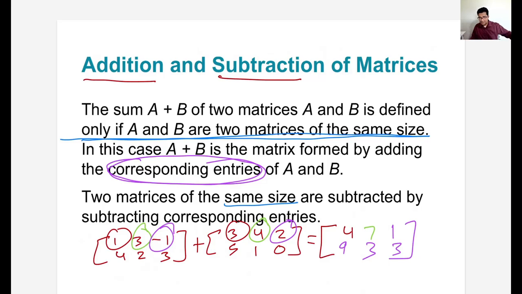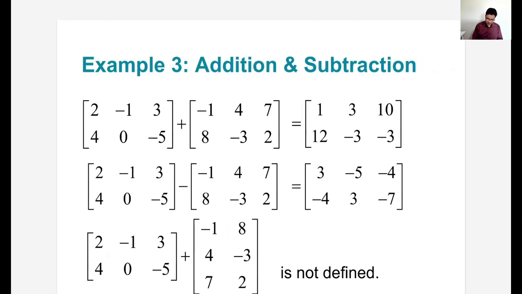We do additions of numbers, right? Does the addition of matrices work in a similar way? The answer is the addition of matrices works in a similar way, but only when their dimensions are equal. Similarly with subtraction. And the last one here is not defined.